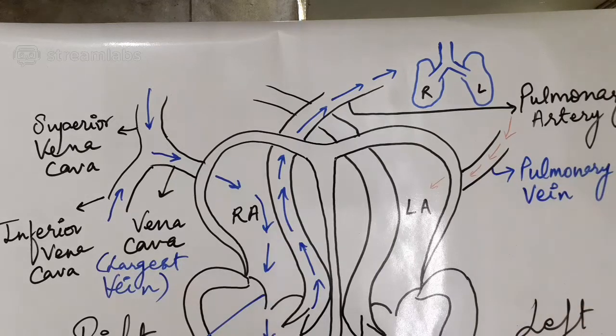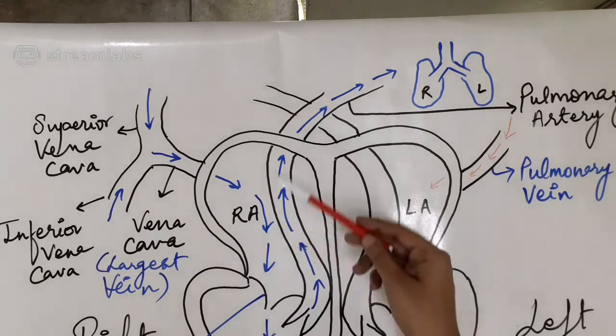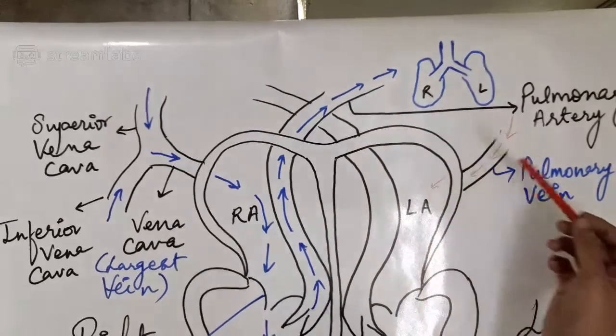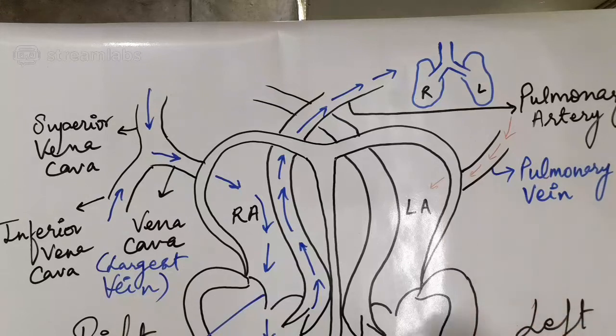These two are exceptional blood vessels which carry the opposite kind of blood from what they usually carry. From the pulmonary artery, the impure blood goes into the lungs, and through the pulmonary vein, the pure blood comes into the left side of the heart.